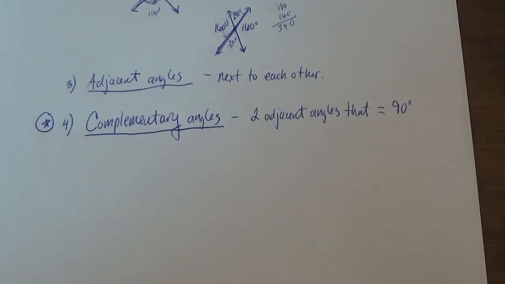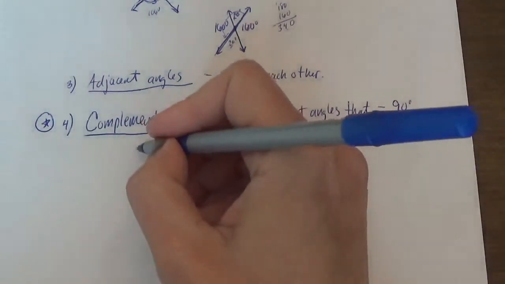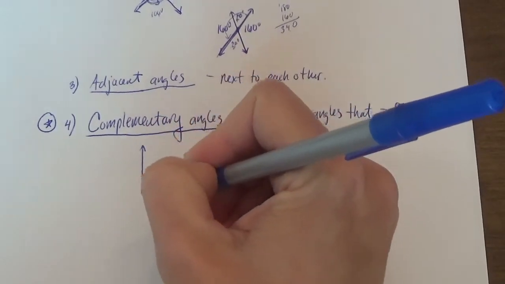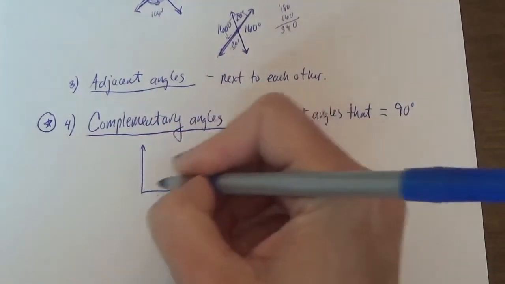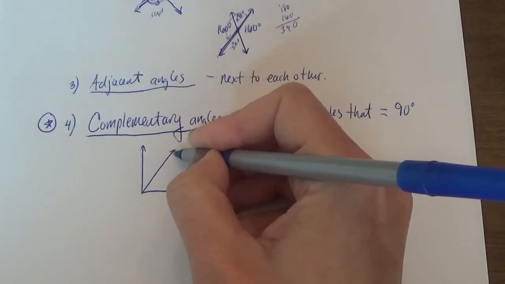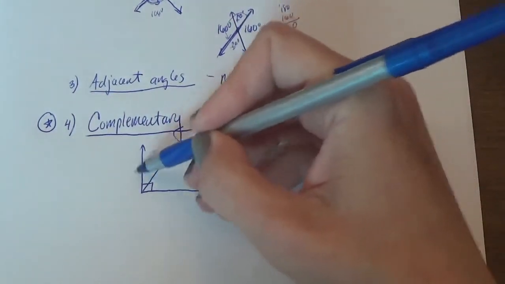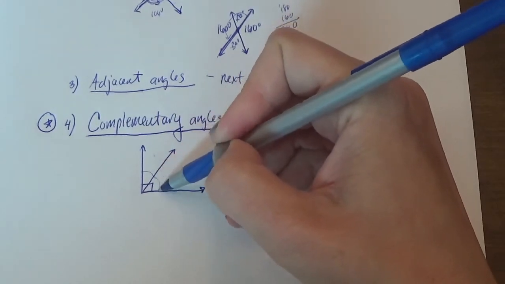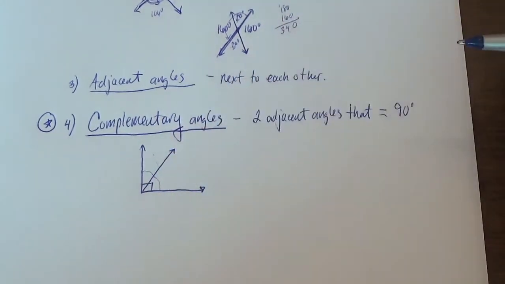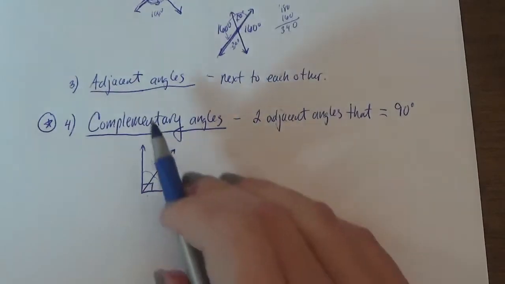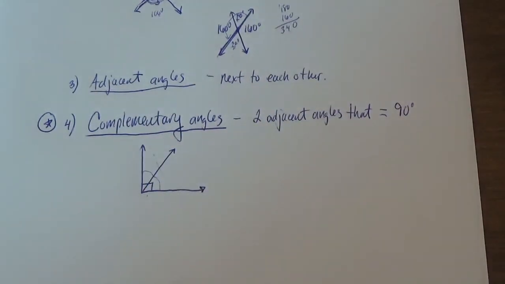So when you add them together, they equal 90. So guess what? They're really easy to find because they're going to sit in a 90-degree angle and be next to each other. So these two angles right here, this angle plus this one, those two together have to equal 90. So they are called complementary angles.